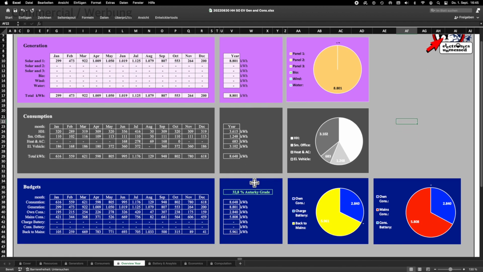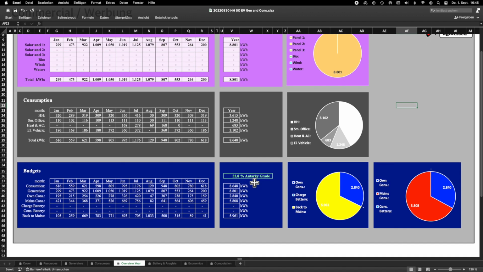Besides the totals, we get the figures for own consumption, mains consumption and the feedback to the mains. And there is an indication of the grade of autarky, which is 32.8%. The autarky is slightly better than the average that can be achieved with such a configuration.